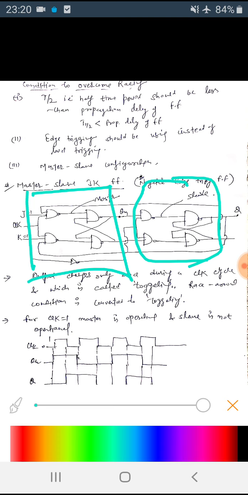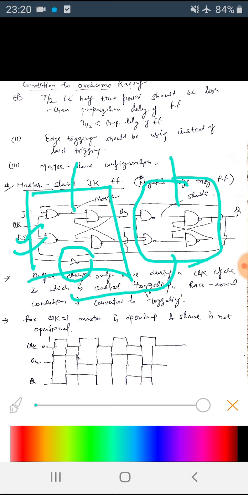So the master is working when the clock is high, and the slave is working, as we can see there, we are providing it a clock through an inverter. So this is working when the clock is low. So both the JK flip-flops will not work simultaneously.